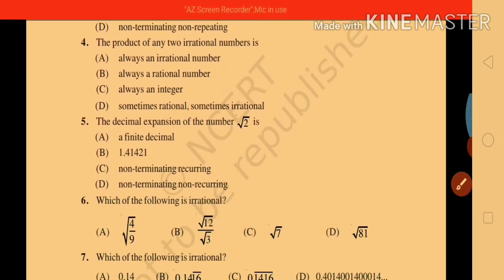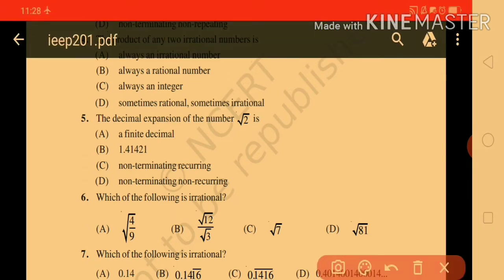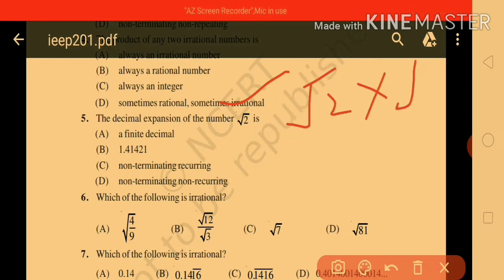Now come to question number 4. The product of any two irrational numbers is always a rational number, always an integer, sometimes rational, sometimes irrational, right? D part is right, because when you multiply root 2 with root 2, what you get?